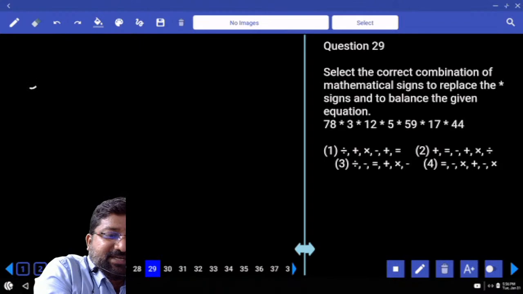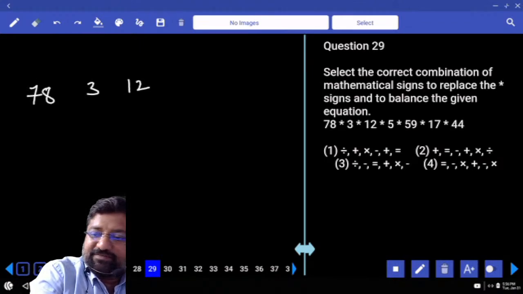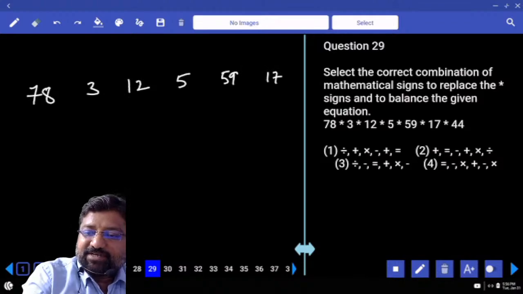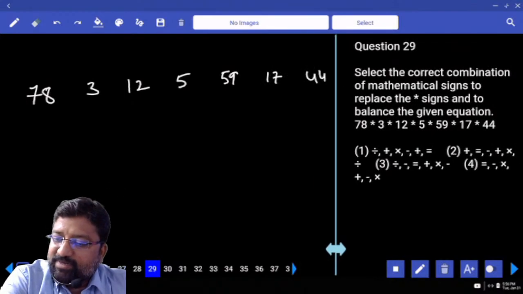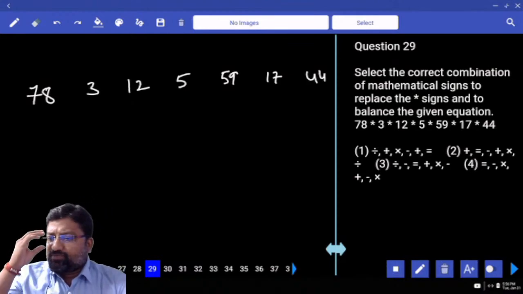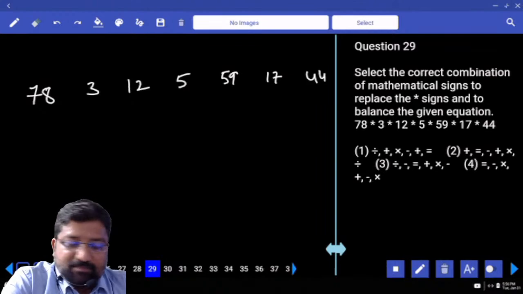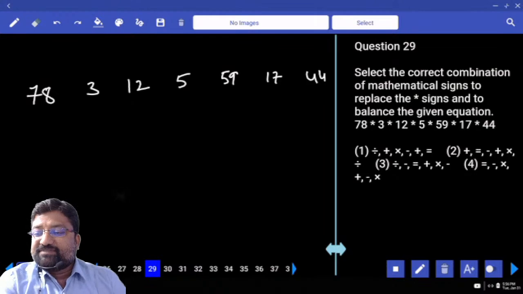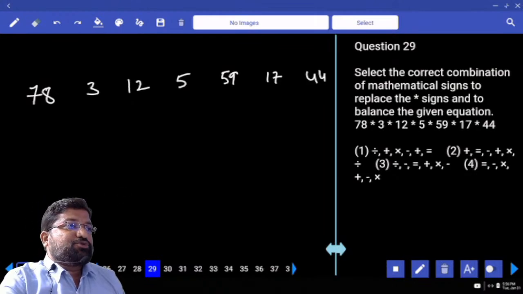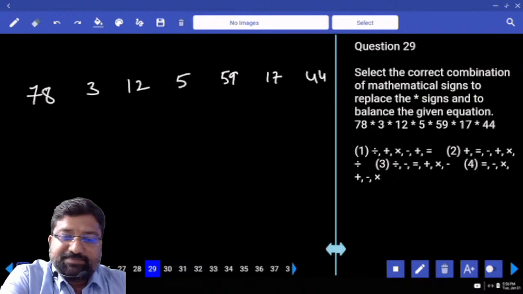Now the equation: 78, next is 3, 12, 5, 15, 9, 17, 44. So what am I supposed to do here? Always go with division first, because division is the one which you're supposed to do first. In the last option, do you have division?